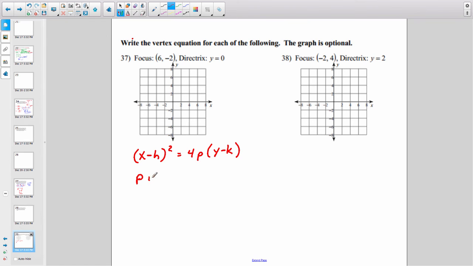So p, you are the distance from V to D or V to F.